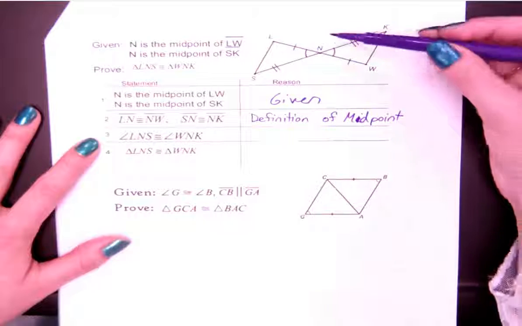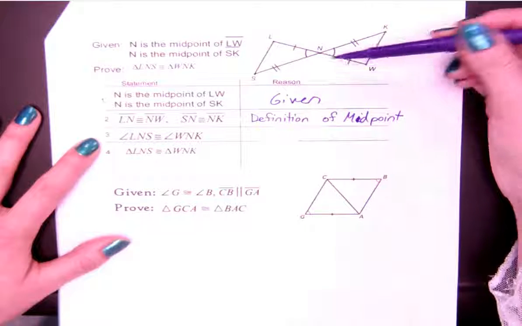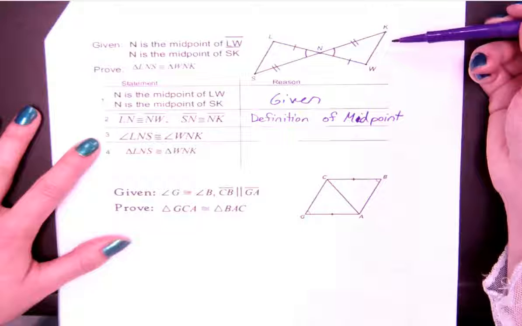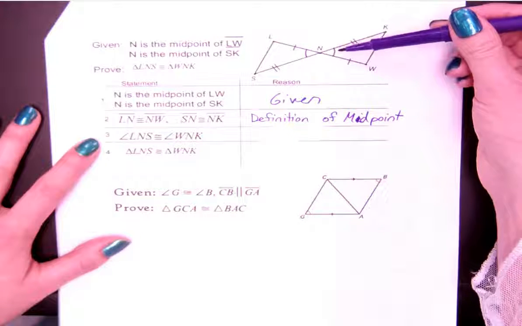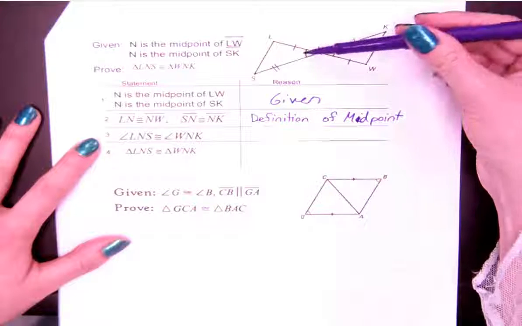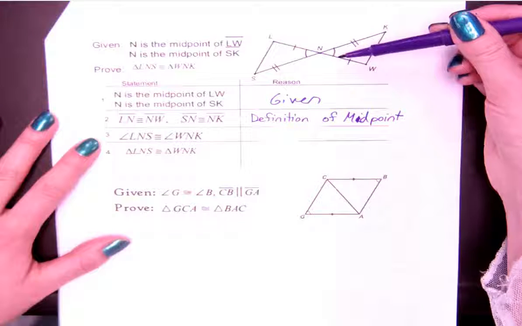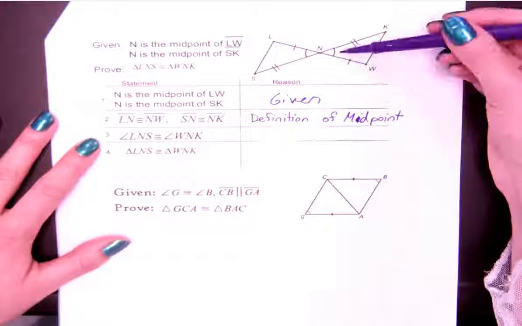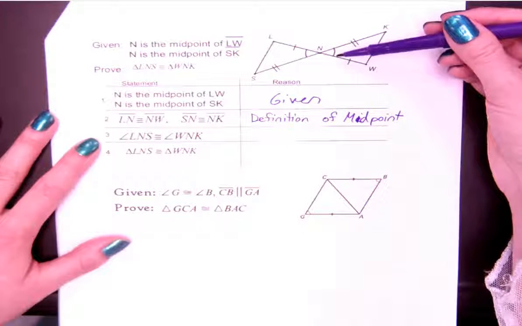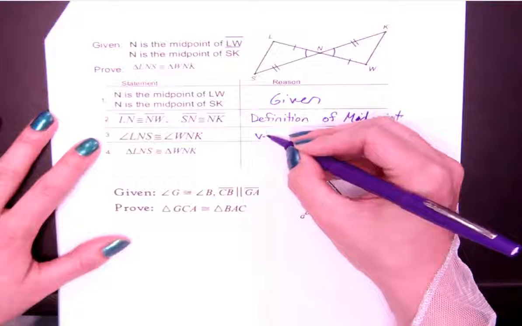So now it says angle LNS is congruent to angle WNK. How do I know that those angles equal each other? They're congruent, but how do I know that? Is it given, is it reflexive, or is it just from the drawing? And what type of angles do we call those?